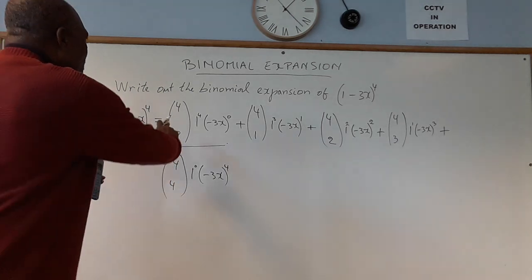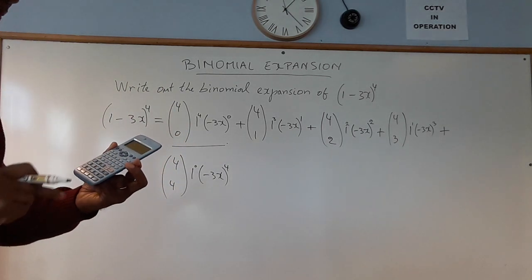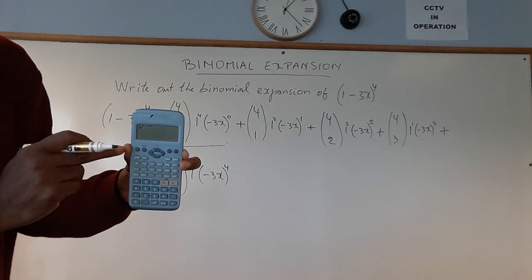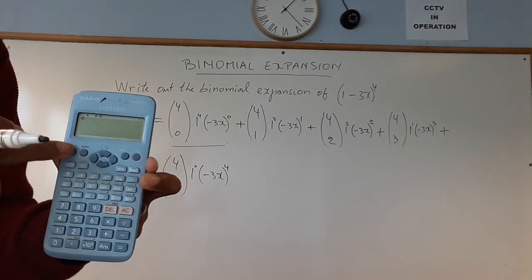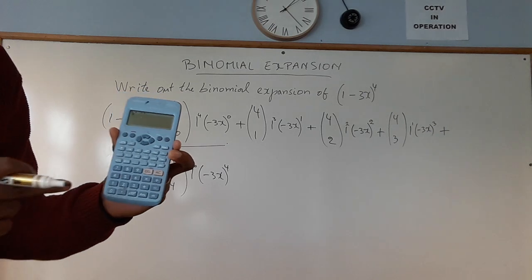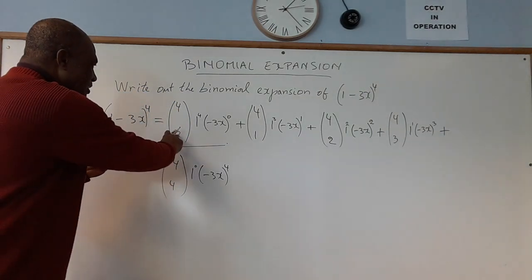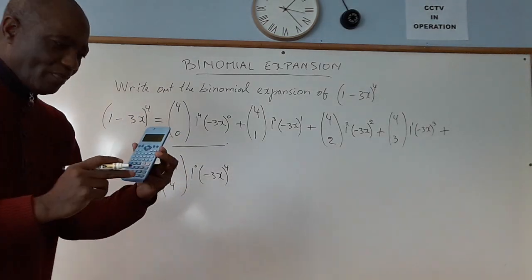I'm going to press 4, and then press shift. My shift button is there. Before I enter 0, I'm going to press this button here.